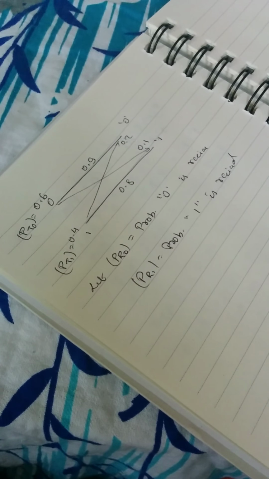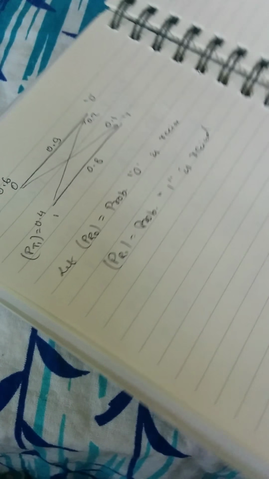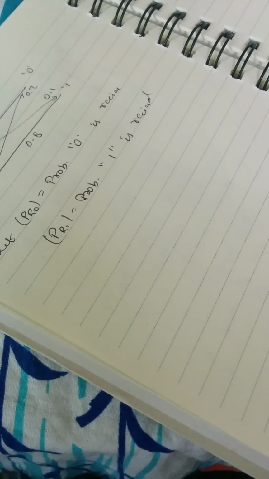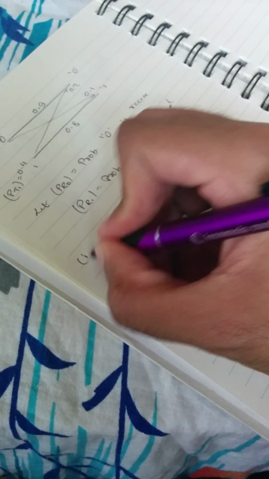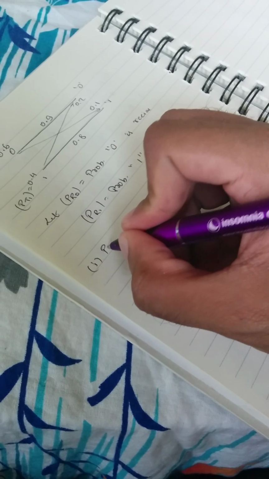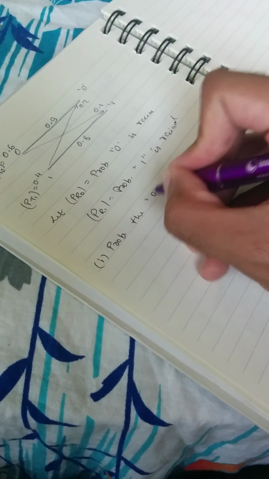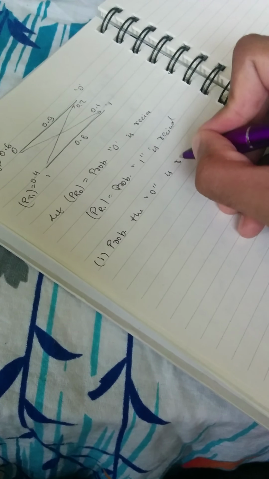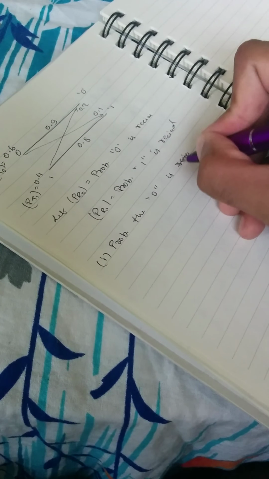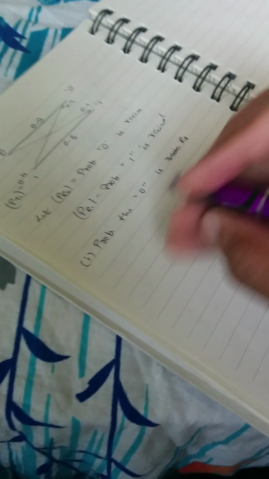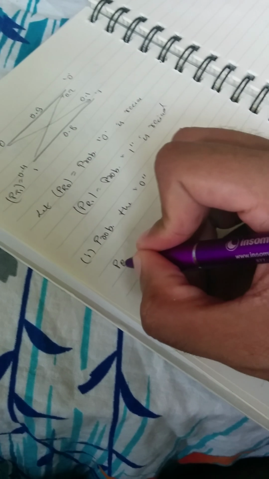So these are the given conditions. Let's write it down. First we need to find the probability that 0 is received.